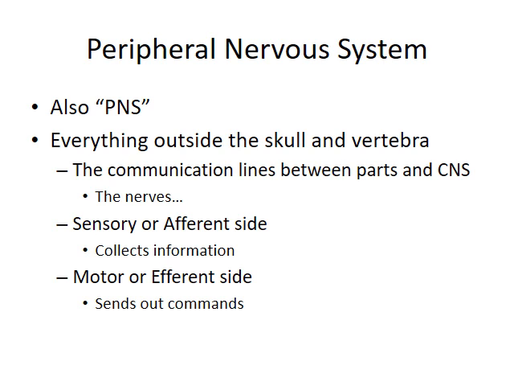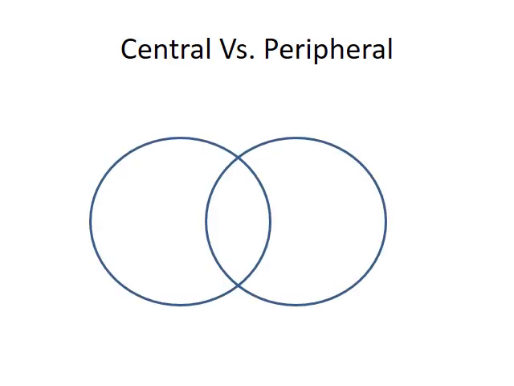That's all called the afferent side. And then we have the motor or efferent side that sends out the commands. So the peripheral nervous system collects information, it goes to the central nervous system, and then it comes back out. Kind of a U if you think about it, and we'll show you a better graphic of that in just a minute.